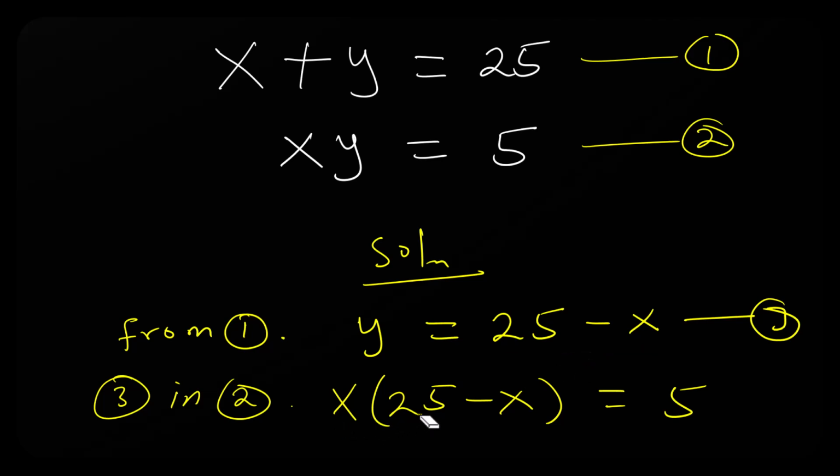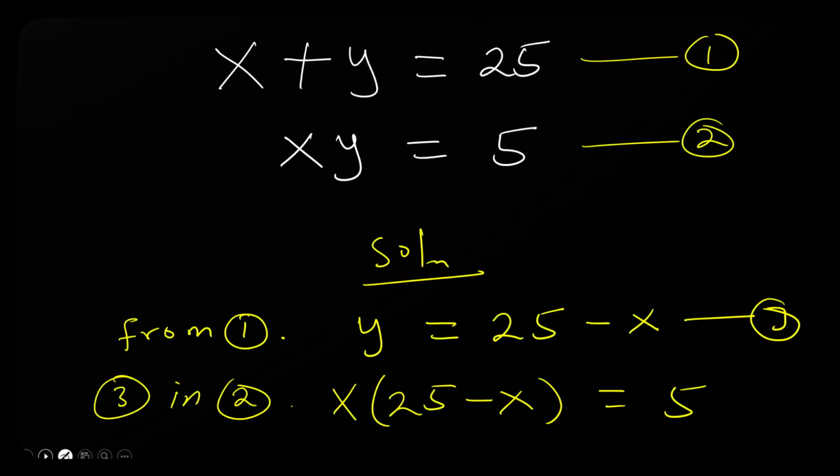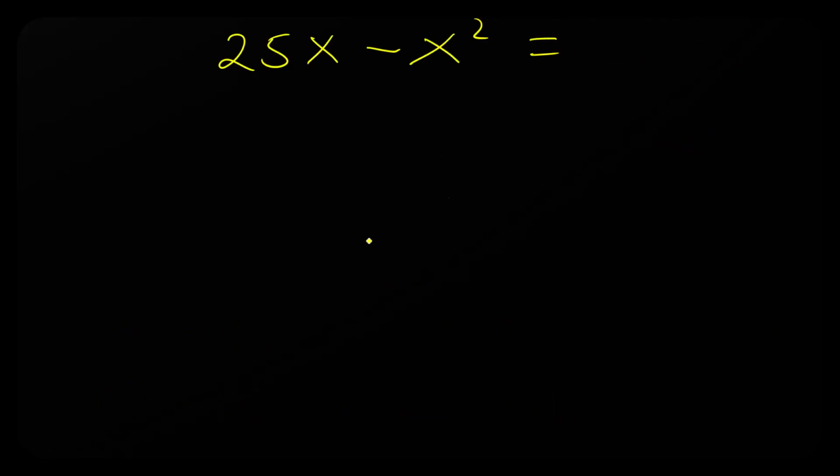So let's expand this. That will be 25x minus x squared equals 5. Alright, so we have this. Now let's arrange this. Okay, it's a quadratic equation, so let's send everything to the right.